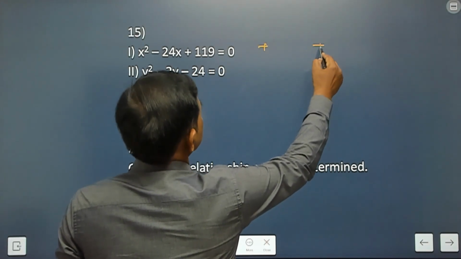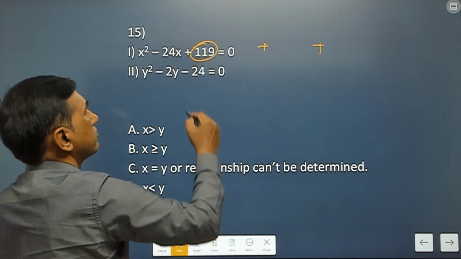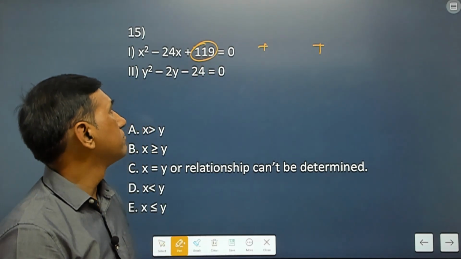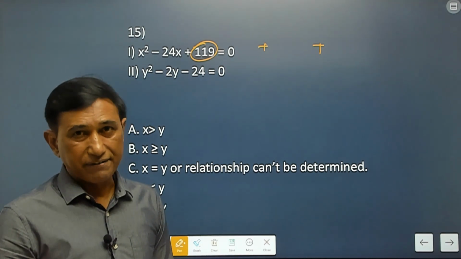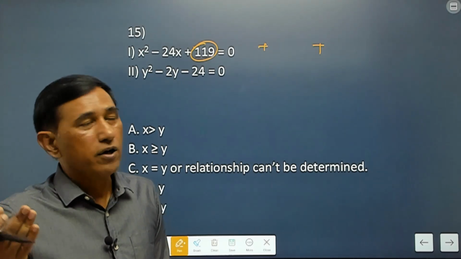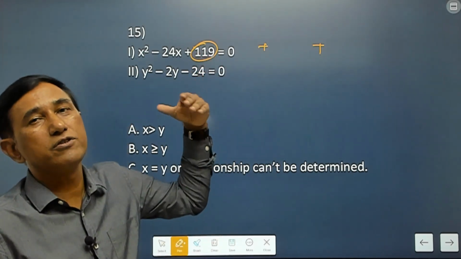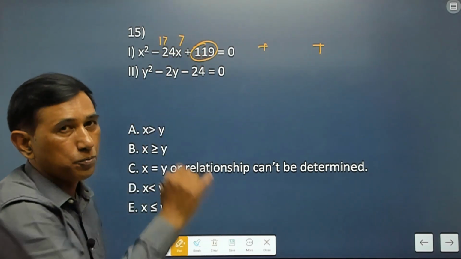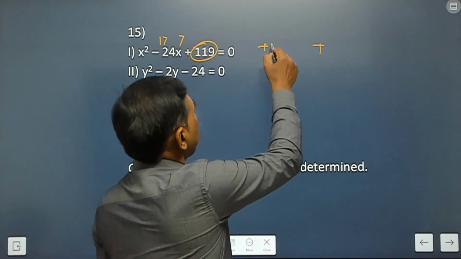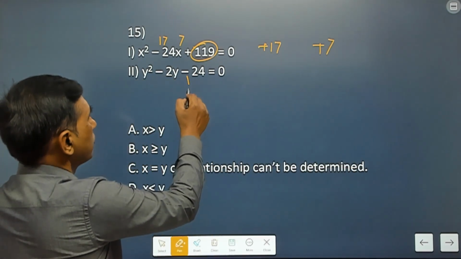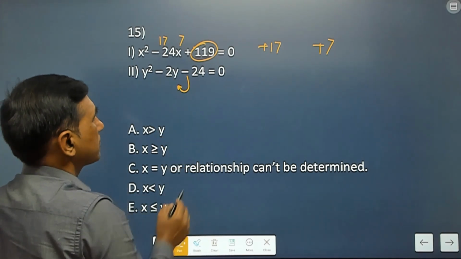Plus plus, 119. 119 prime is 17. 17 7s. In fact, 17 and 7 both are prime. So this is basically multiple of 2 primes. So it cannot be anything other than these 2 primes, 17 and 7. Here we have to subtract.